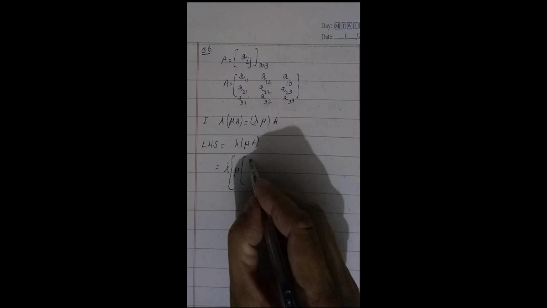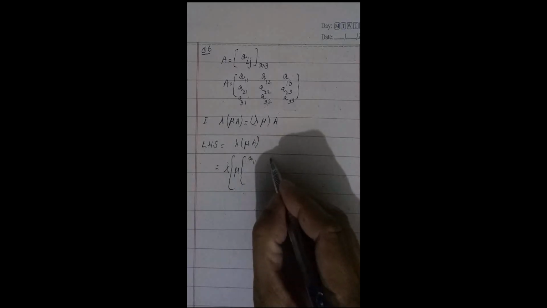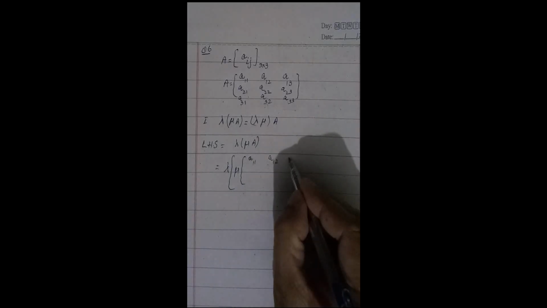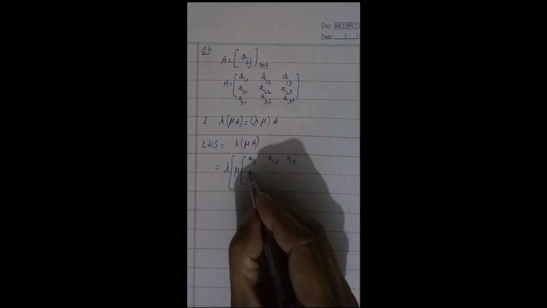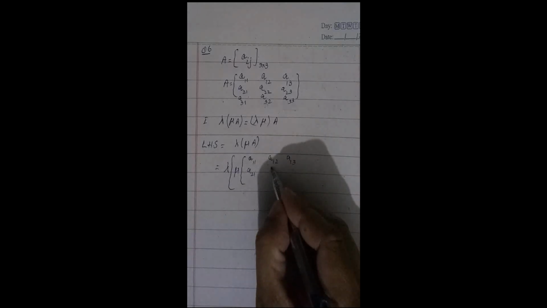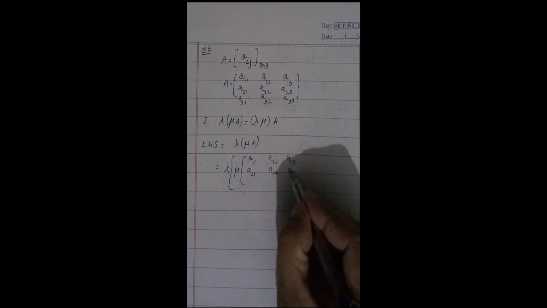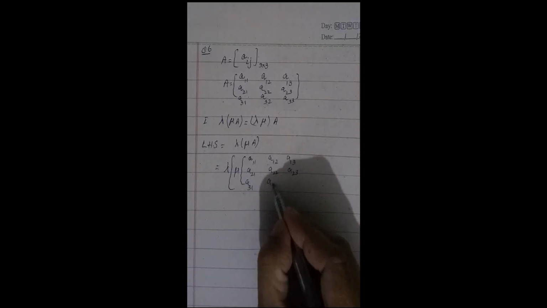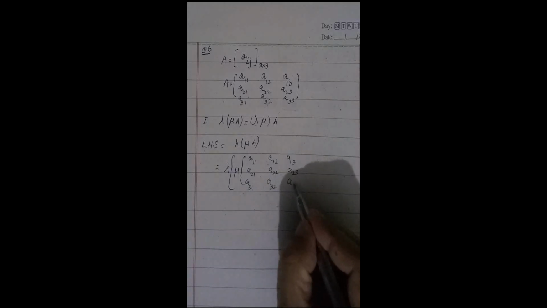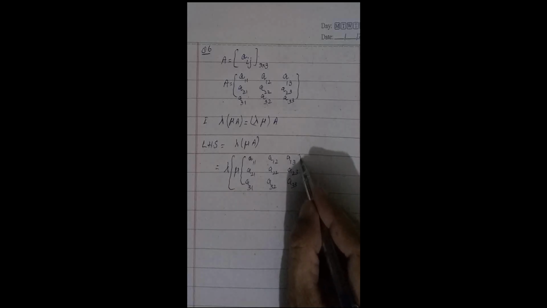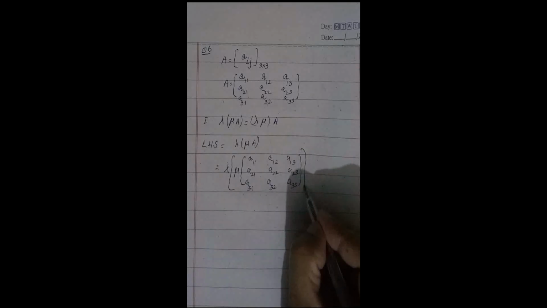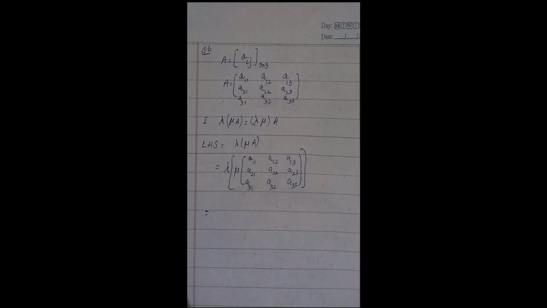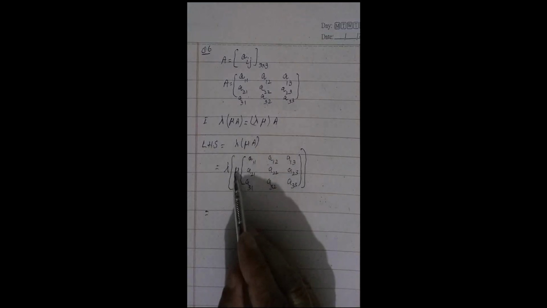This is the A matrix: A11, A12, A13, A21, A22, A23. And the third row is A31, A32, and A33. Matrix close and close. Now we first multiply mu with the whole matrix.